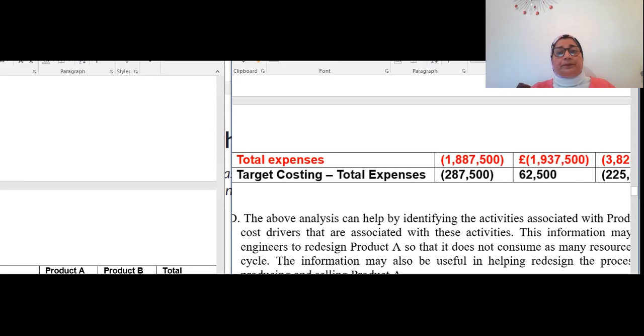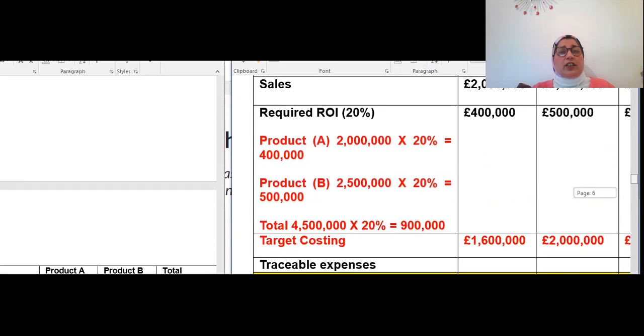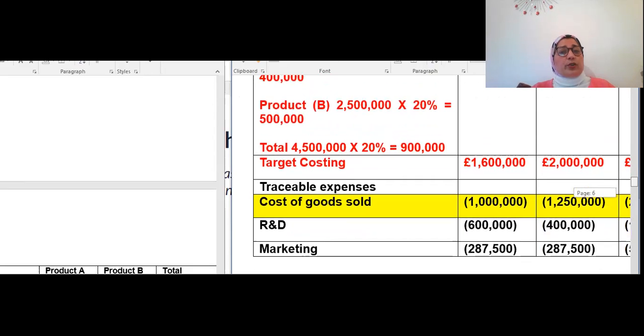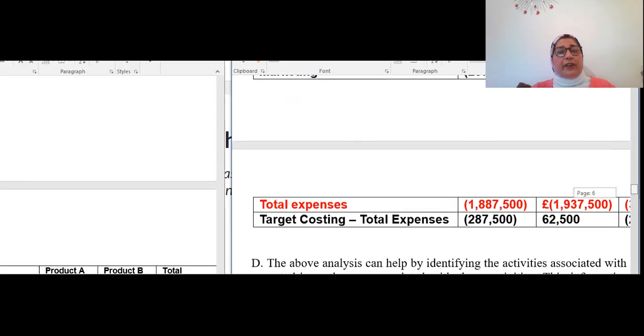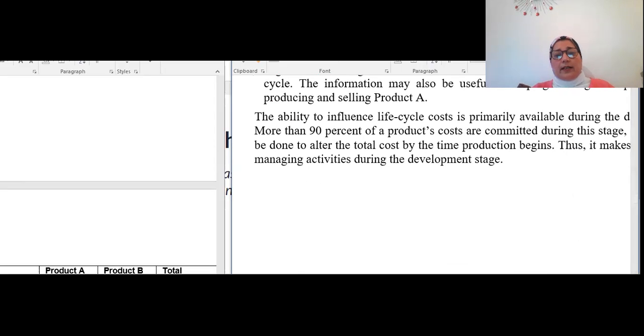So for this one, you might explain the comment by discussing how you calculate the target costing, and how the traceable fixed cost, including cost of goods sold, research and development, marketing, affecting the results of achieving more profit for product B comparing with less profit or loss for product A. Okay, I think I will stop here, and I will see you in another video.